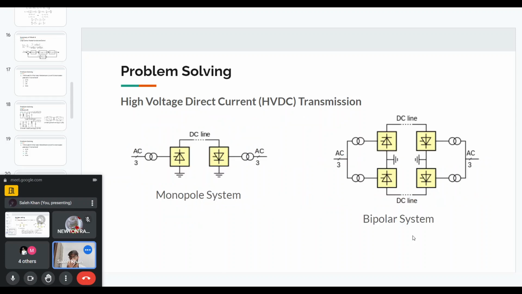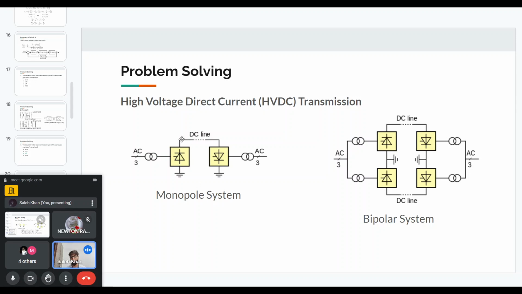So these are the two popular transmission configurations. First, we can have a monopole system. We have a three-phase AC, then a transformer to step up or step down, mostly step up. Then we have an AC to DC converter, usually a controlled SCR rectifier system, and we get the DC.